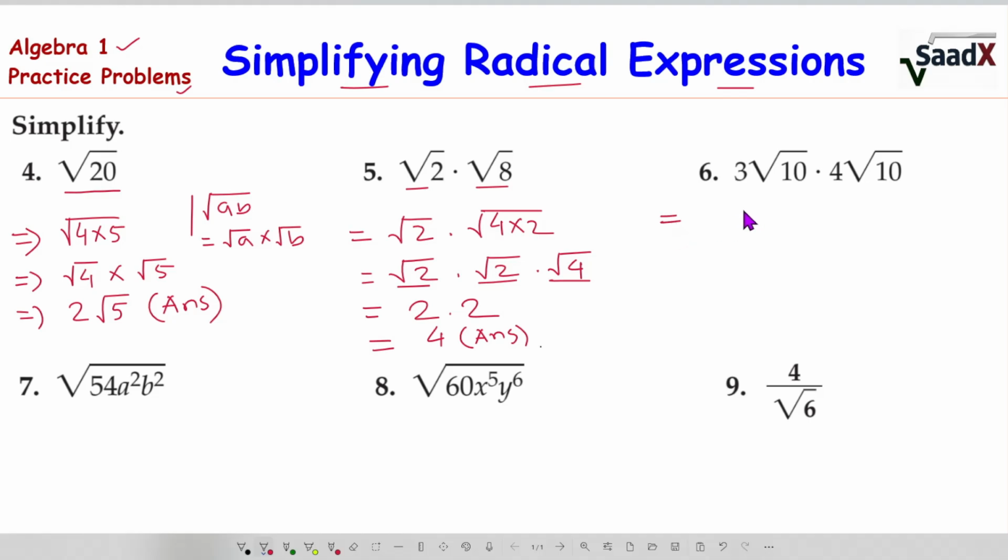Next one. Here is 3 root 10 times 4 root 10. Once we multiply this 3 and 4, it will become 12.